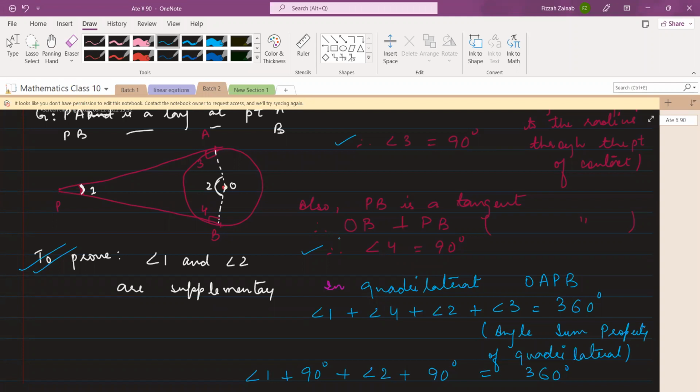Similarly you can write, by the same theorem, because you have already mentioned the theorem once, angle 4 is also 90. That way also you can write. Ultimately, your teacher should understand where you are arriving at it from. That's the point, right? Yes, okay, ma'am.